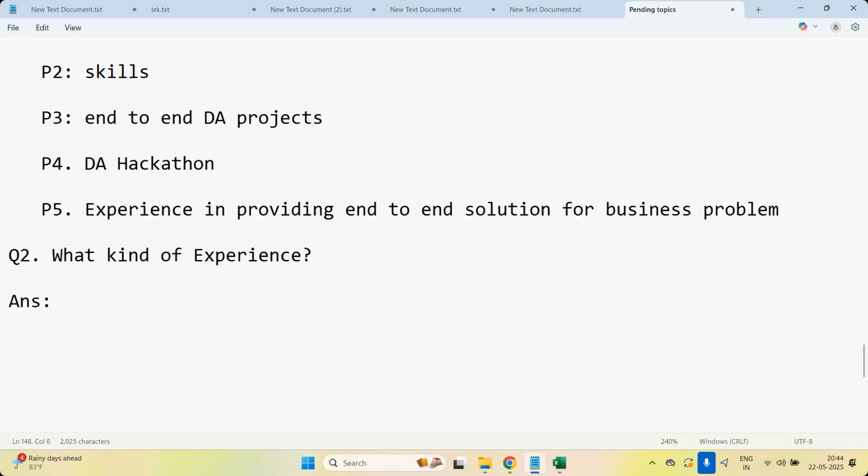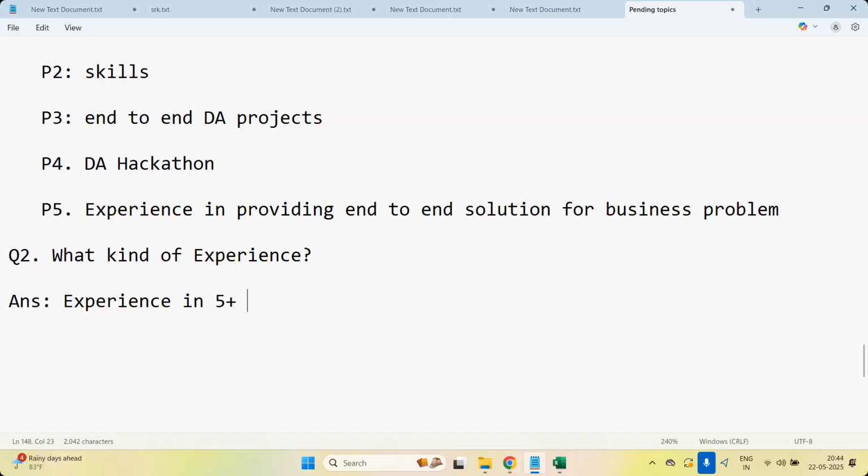I'm having experience in 5 plus. If you have done 5 means 5, 10 means 10, 20 means 20, 500 means 500. 1 means 1, 5 means 5.